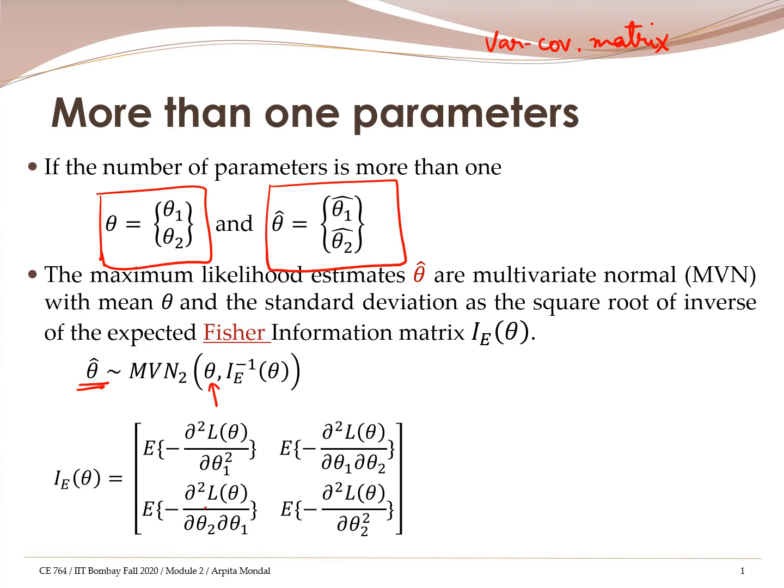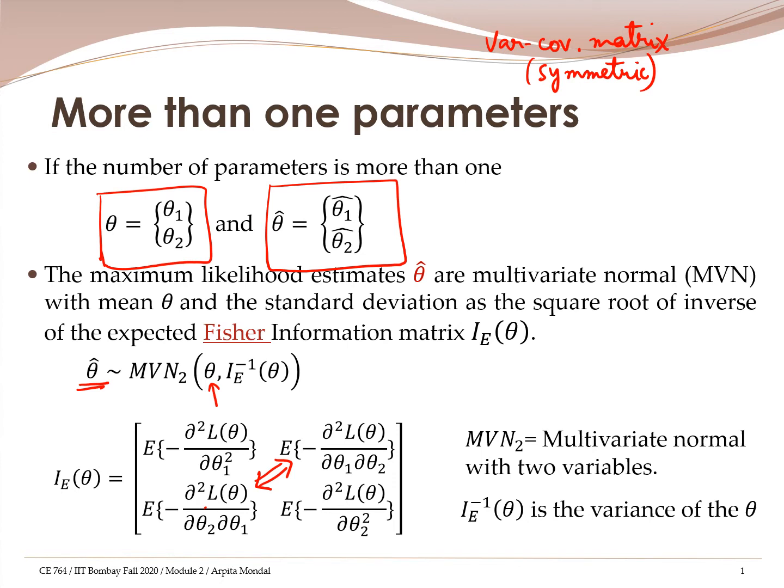Those of you familiar with the covariance matrix would also know that it is a symmetric matrix. So the off diagonal terms here in this 2 by 2 matrix are equal. MVN2 stands for multivariate normal with two variables, and IE inverse of theta would give the variance of theta, where IE of theta is called the Fisher information matrix.